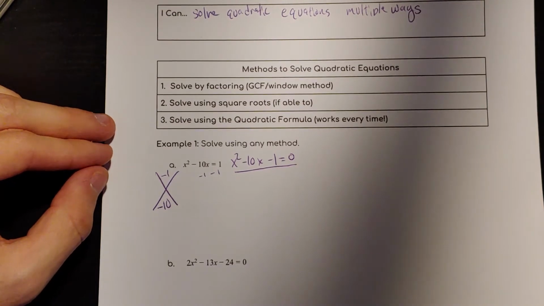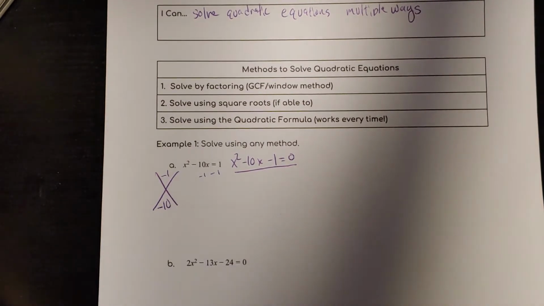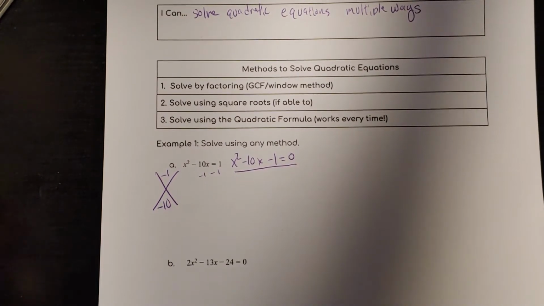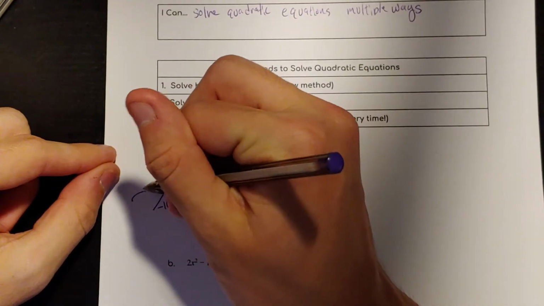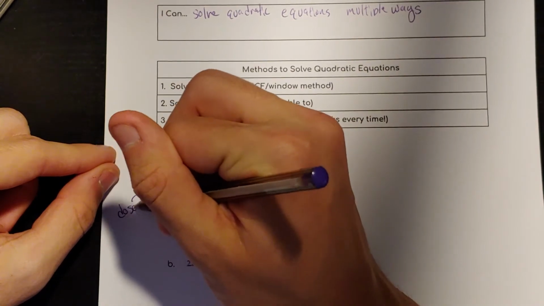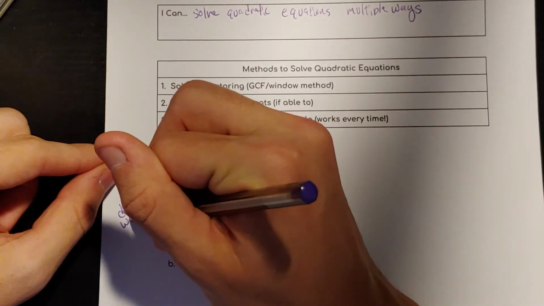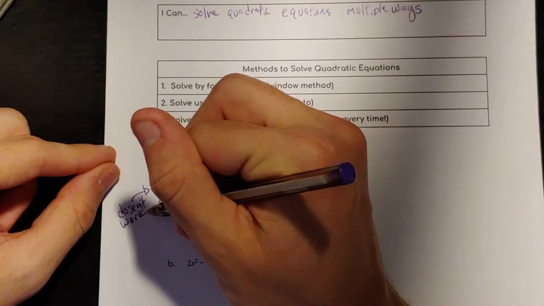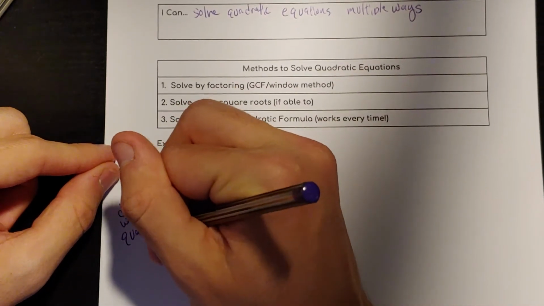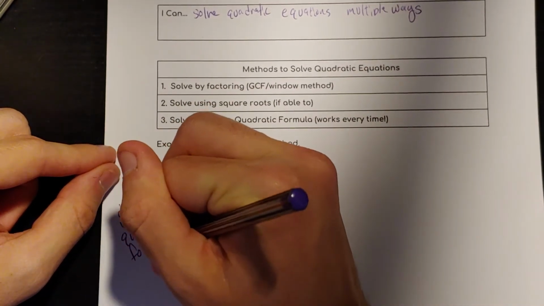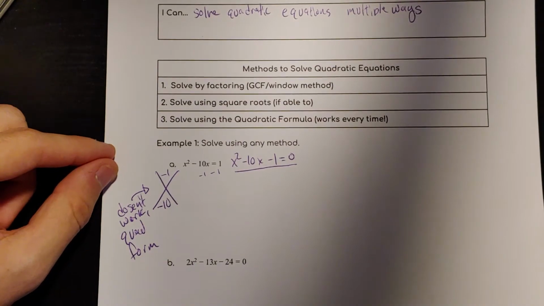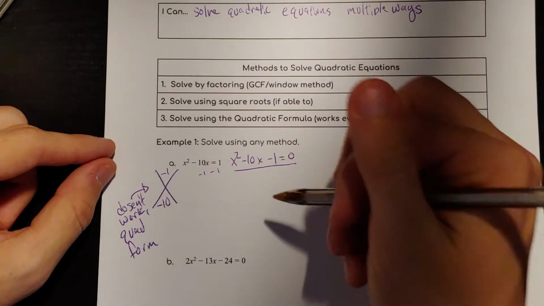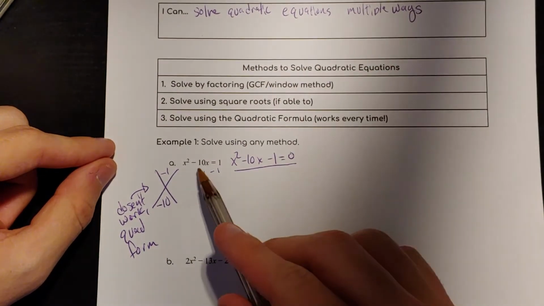I can't think of any numbers that do that. Because this doesn't work, we're just going to use the quadratic formula. So I have the opposite of b.